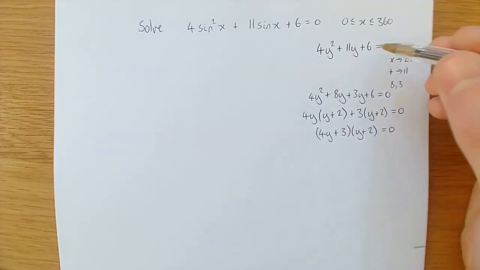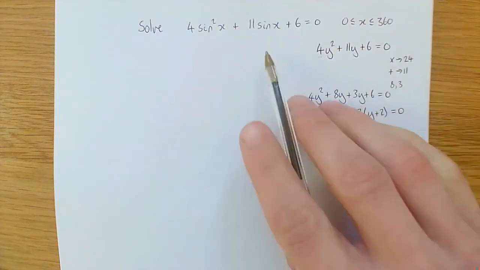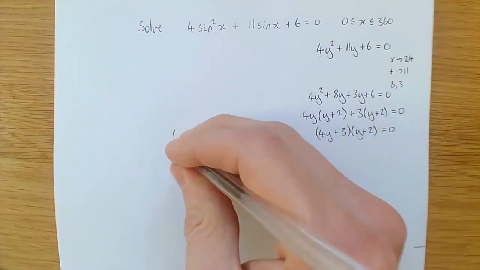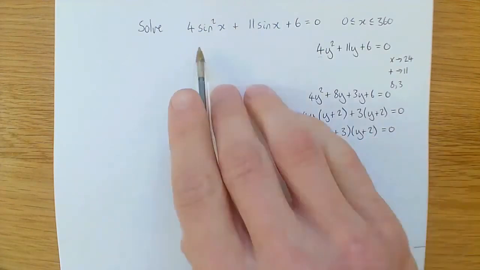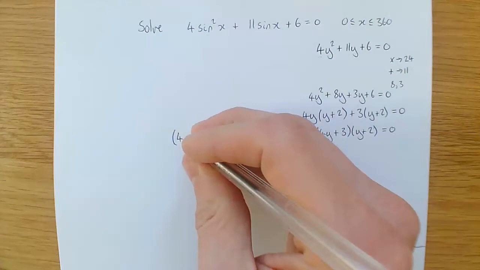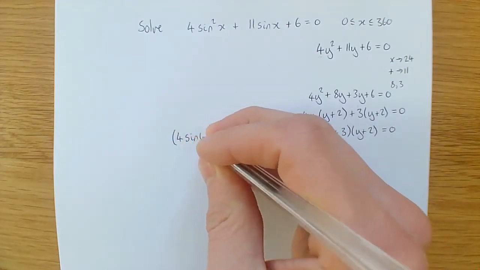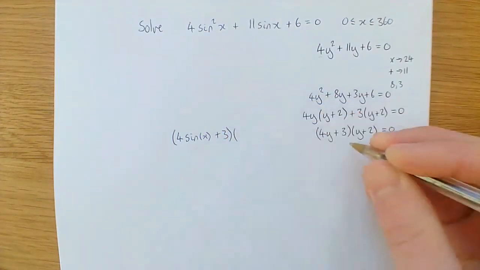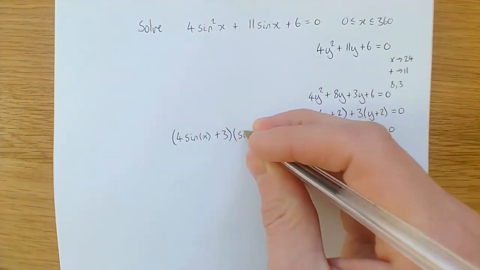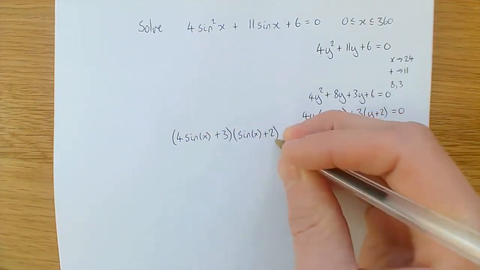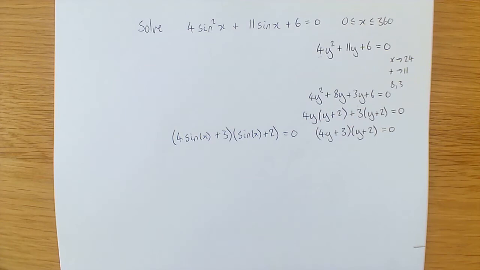Okay, so we've used this bit of algebra to help us think what's going on here, but this would be exactly the same. Instead of our y's, we can have our sine x's. So this should factorize as 4 sine x plus 3, and instead of that y, put a sine x in, plus 2 equals 0. How would we proceed from there?